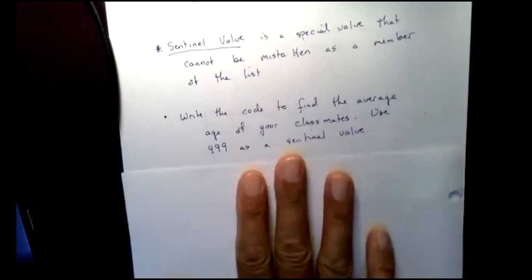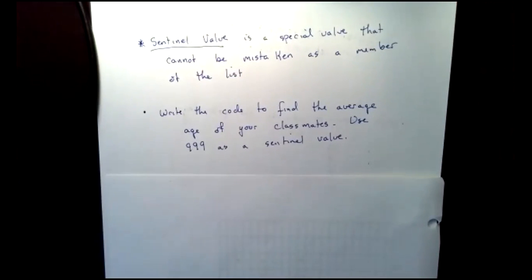Okay, so what I'm going to have you do now, and I'm going to type it while I'm going, is write the code to find the average age of your classmates. And I want you to use 999 as a Sentinel value. So here's what has to happen. You're going to be asking for an age. If they enter 999, you're done.